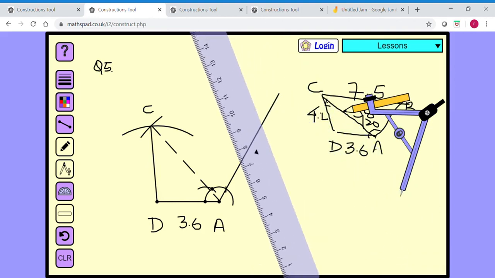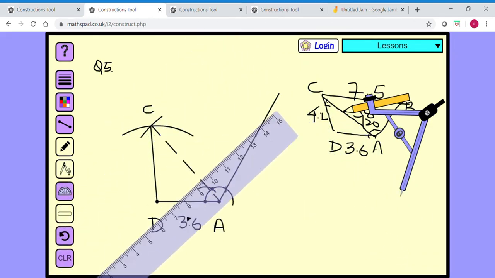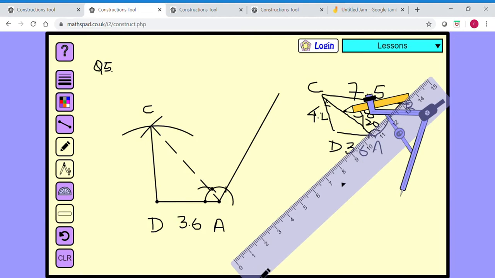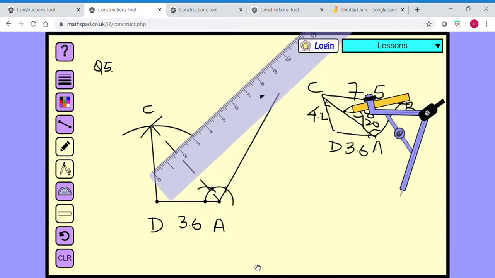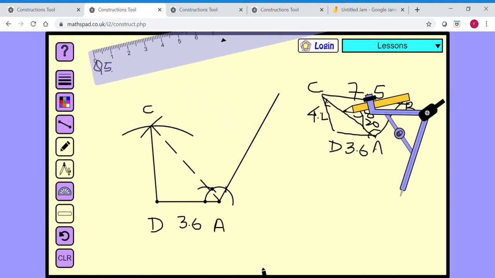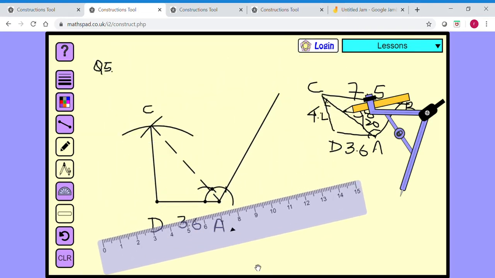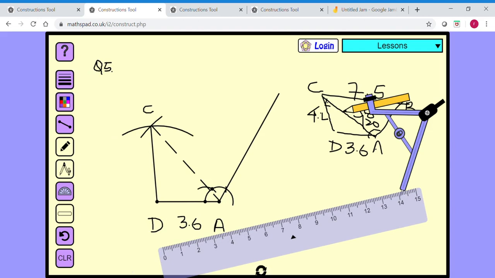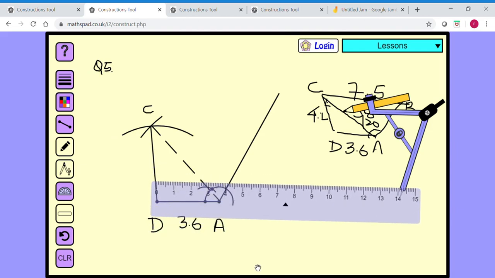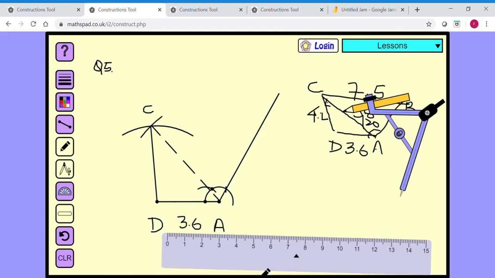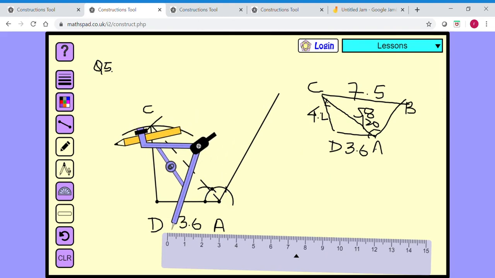Now I need to find point B. So to find point B, what do I know? Point B is somewhere on this line, which made an angle of 120 degrees. What else do I know? That it is at a distance of 7.5 from C. So that's the second coordinate I know about B. So let me measure 7.5.